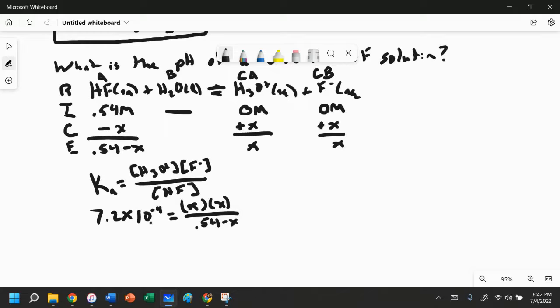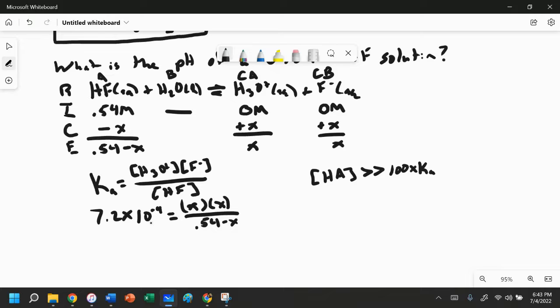If the concentration of the acid, and I'm just going to use the generic HA for weak acid, is originally much greater than 100 times the Ka value, then we can eliminate this minus X. And the reason we can do that is because the X value, the amount of change at equilibrium, is going to be much, much smaller than 0.54.